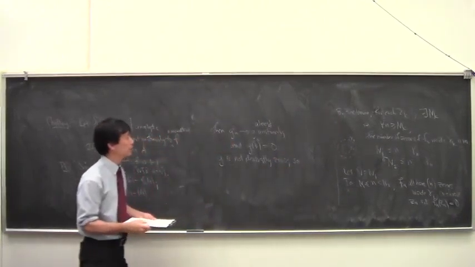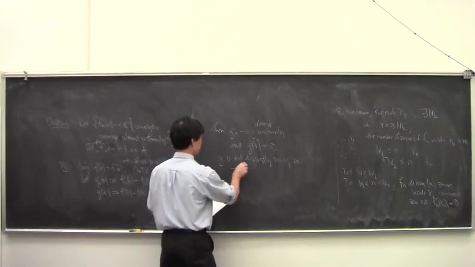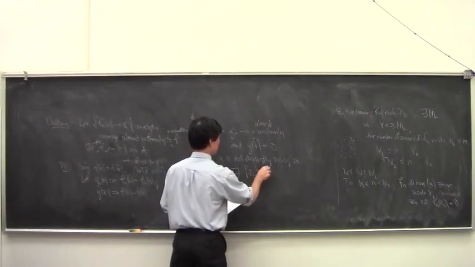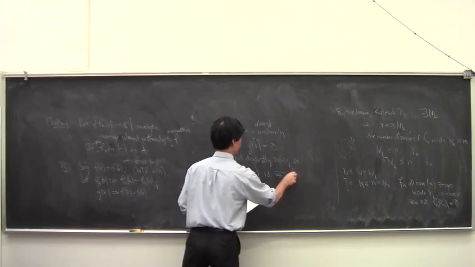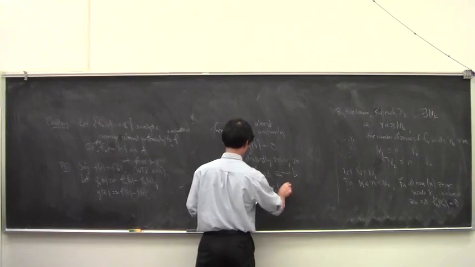So, by Hurwitz's theorem, there exists a sequence z sub n such that z sub n goes to b, and G sub n of z sub n equals 0.